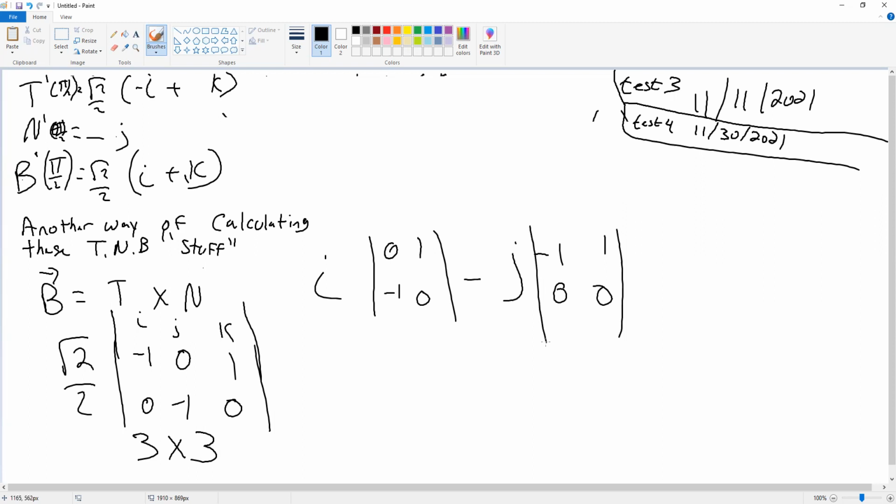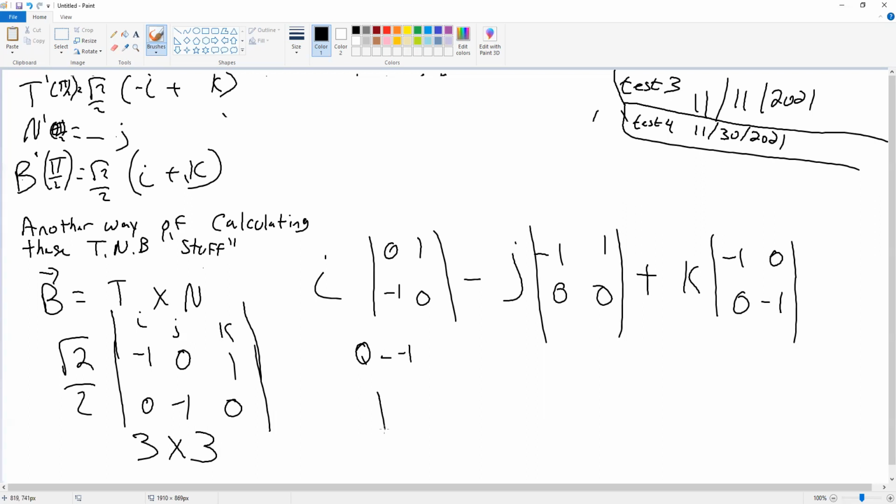And then the kth row, we add the kth row, which is going to be -1, 0, 0, -1. And we take this determinant right here, we're going to get 0 times 0, which is going to be 0. -1 times 1, which is going to give us a minus -1. And we already see this becomes 1.